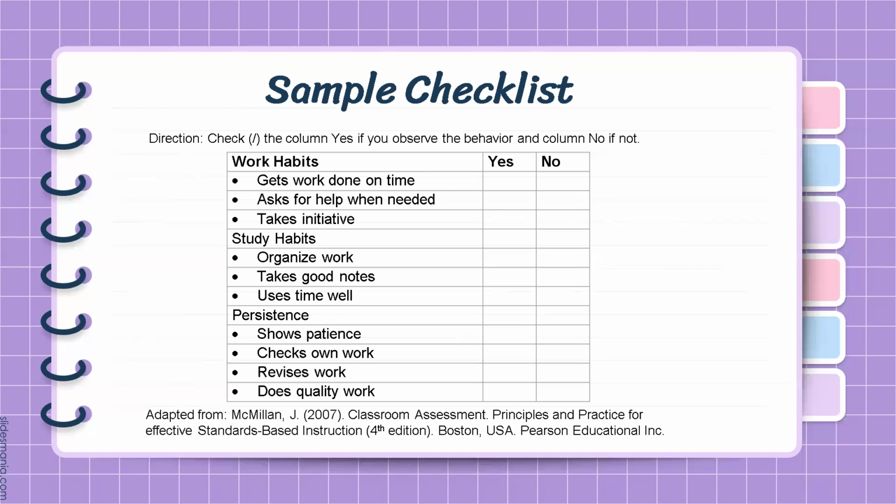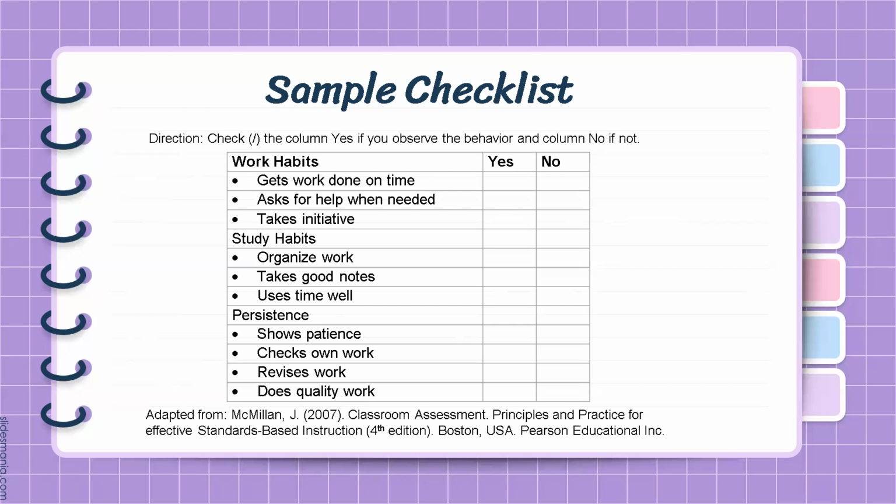So we can see in this sample checklist that the items are grouped in three categories: the work habits, study habits, and persistence. For the work habits, we have these three descriptors or items: gets work done on time, asks for help when needed, and takes initiative.